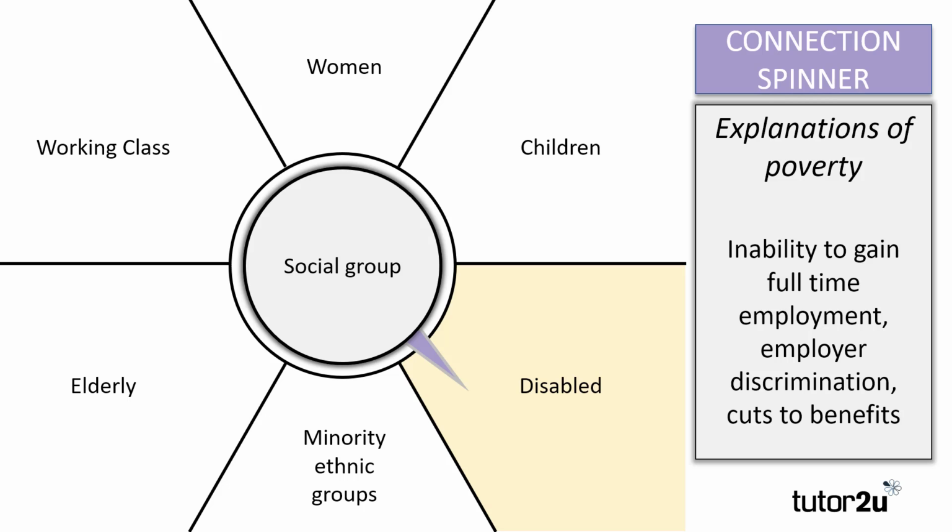Now we can link this into not only the availability of flexible working, but also having to take time off for appointments or for periods of ill health. Employer discrimination we can also use as an example of why disabled people are more likely to live in poverty, and cuts to benefits, particularly post 2010, where disability benefits were targeted under the policies of austerity.